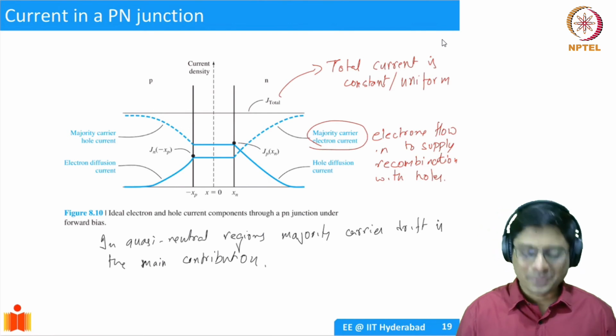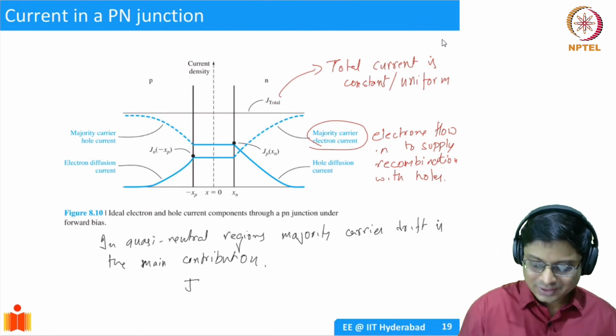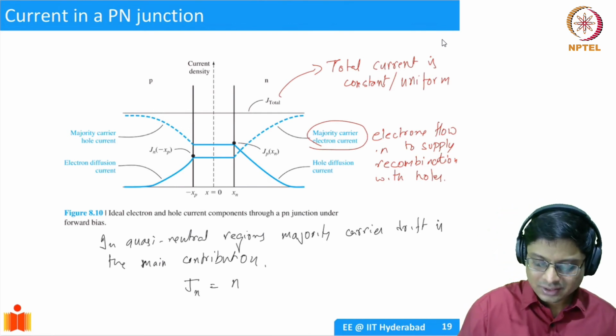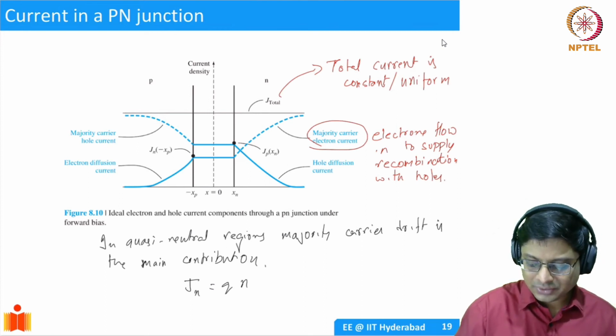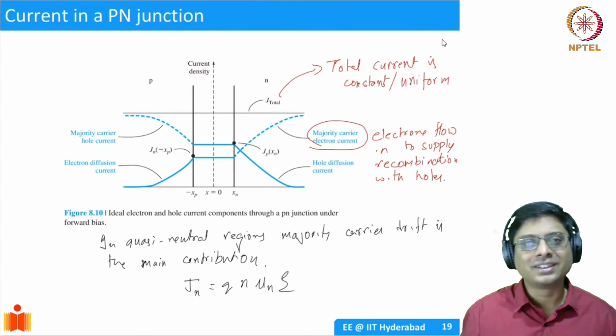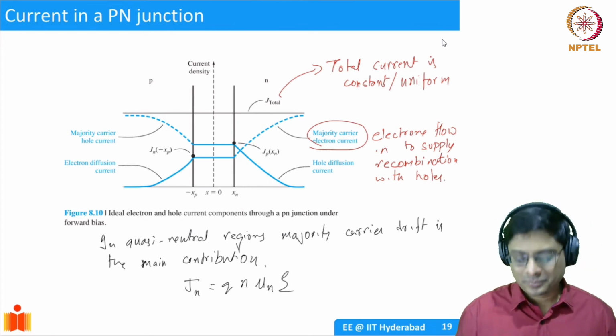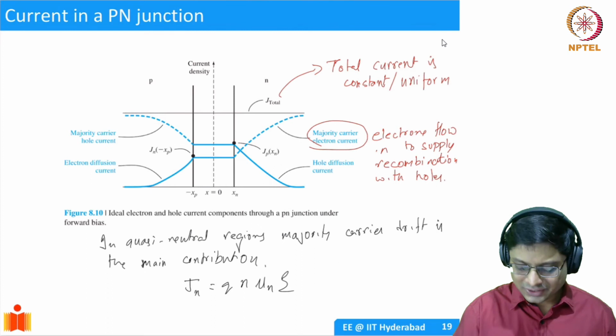So we come back to the same problem. What is drift? Drift is going to be Jn drift, which is equal to q times n times mu n times the electric field. In the quasi-neutral region, n is constant.